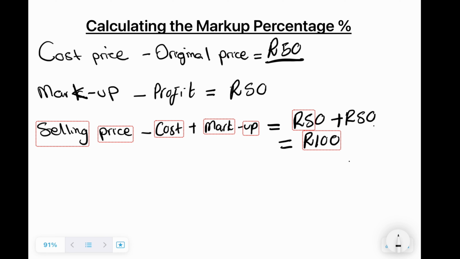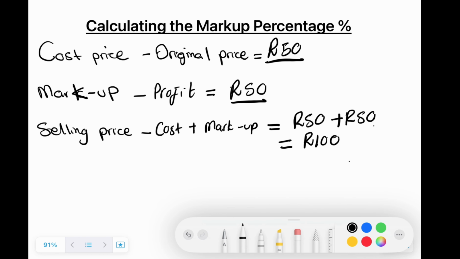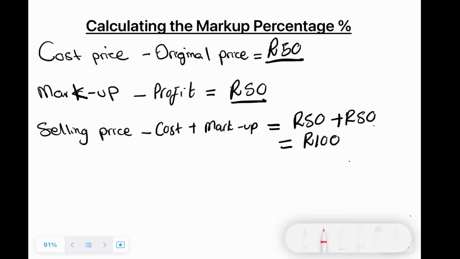So in the same way we worked the cost price, the markup, and the selling price with amounts, you should also be able to work with percentages, because that's usually how it is tested, because it's a higher order question. When you are working with percentages, remember I said that the cost price is the original price.